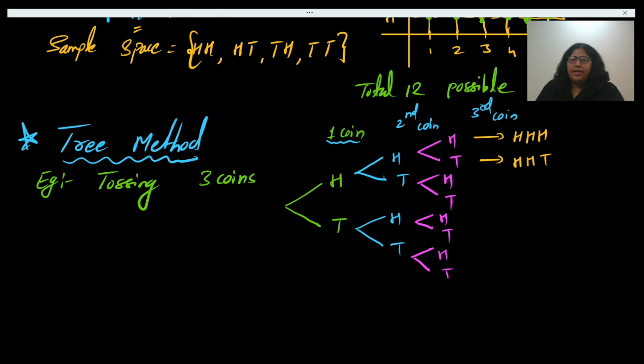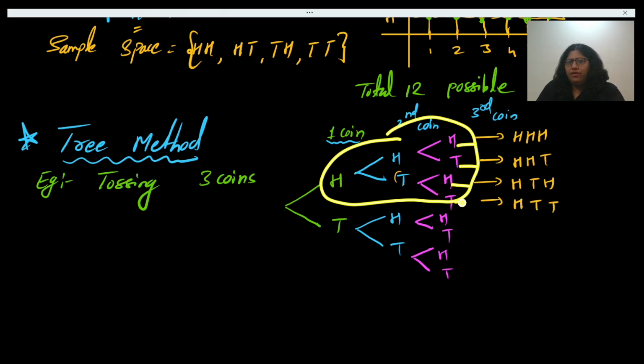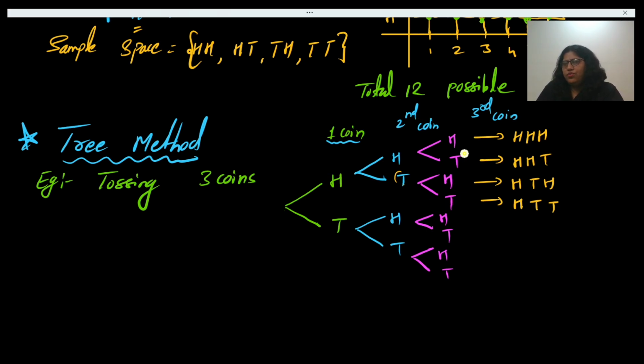So this is heads, tails. Now I am taking heads in the first coin, then tails in the second coin. So what is going to be in this branch? Heads, tails, heads. Then here you will have heads, tails, tails. So now you will see my this branch is over, because see 1, 2, 3, 4. So all these four possible outcomes are there in the first branch.